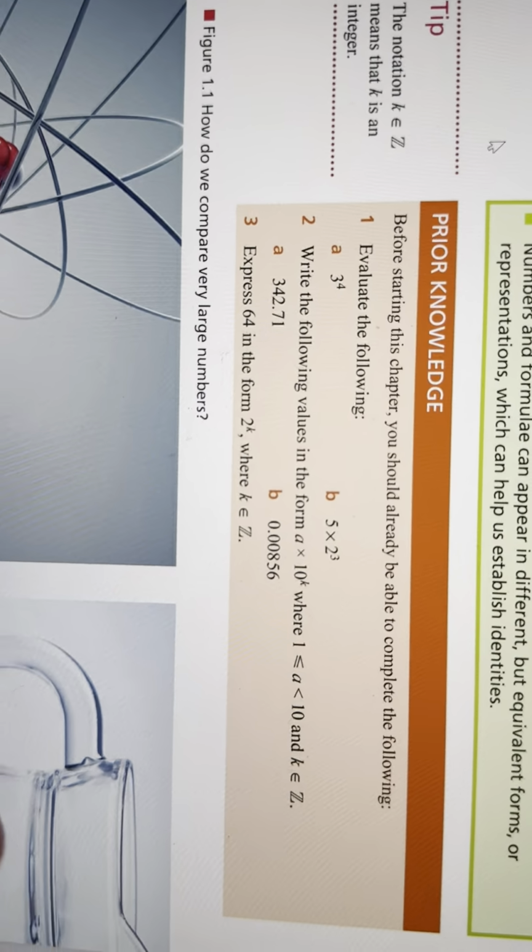On the top, a to the power of m means m amount of a multiplied together. At the bottom, it means n amount of a multiplied together.